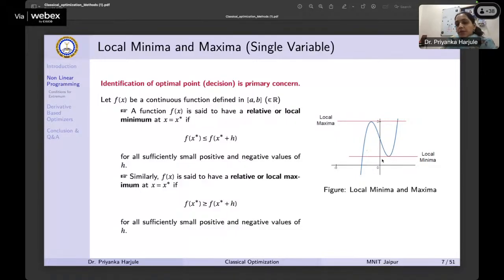So this is the local minimum which is constrained to a subset. Similarly, you can define the local maxima, which is a point in a subset for which the function's value is greater than or equal to all other points in its neighborhood. So this is your local minima and maxima expressed mathematically as well as graphically.